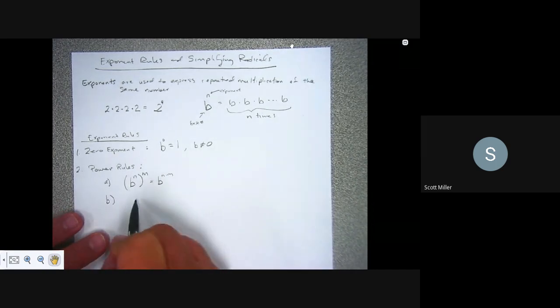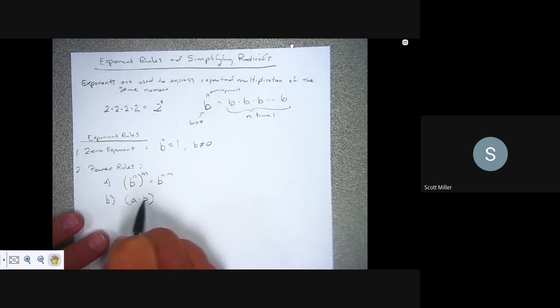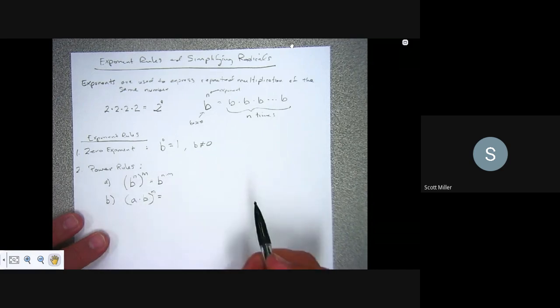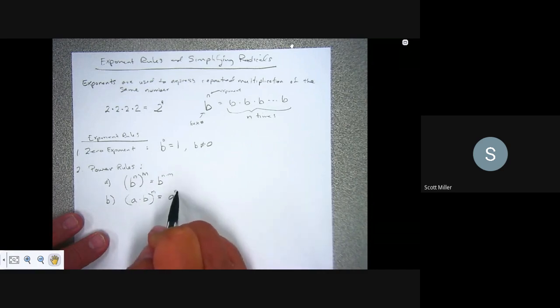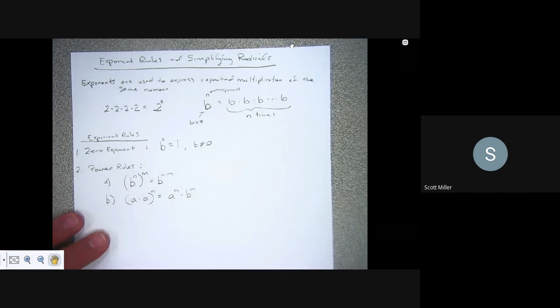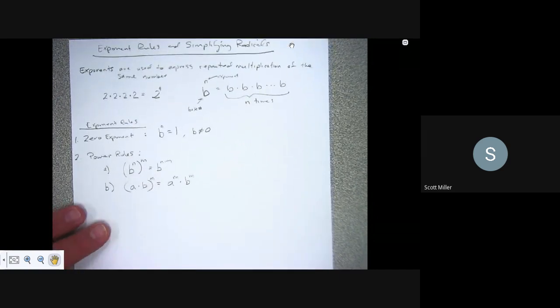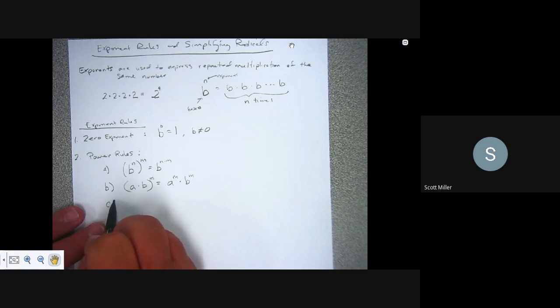In this one, I have 2 different base numbers multiplied together, yet raised to the same power, like that. Then I can take each of these numbers to that exponent. So that'd be a to the m times b to the n, just like so. The third one is a combination of, like the division one of this one.